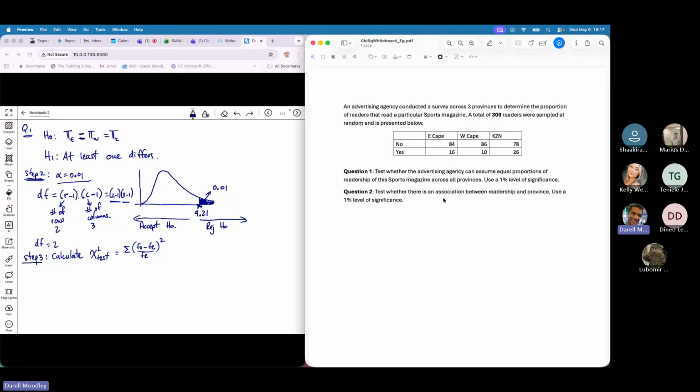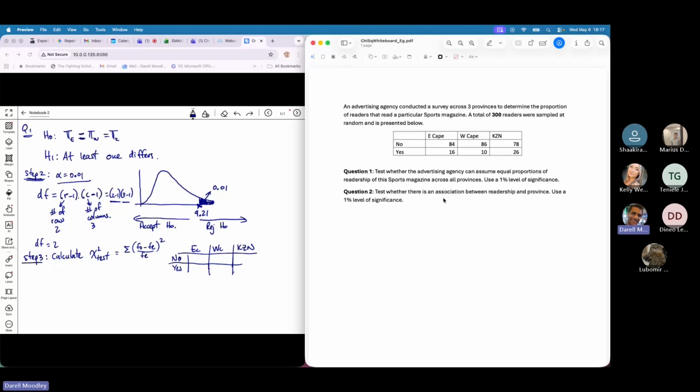All right. So what I'll do is I'm going to sketch a different table with the same format. So I got no and I got yes here. And then I got my three provinces on the top: the Eastern Cape, Western Cape, and KZN. All right.